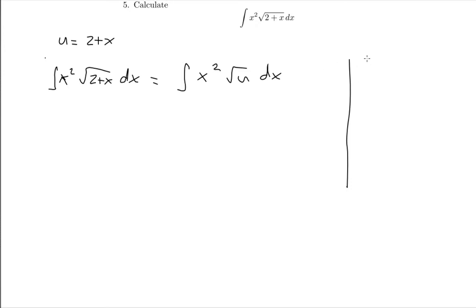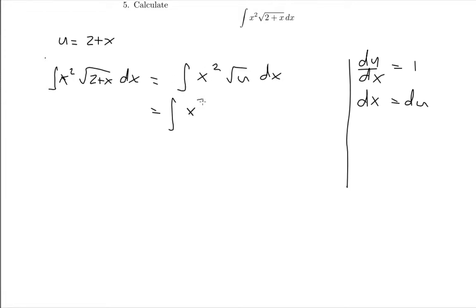I'm going to take the derivative of u with respect to x, which is just 1. Even though this is not a fraction, I'm going to treat it as a fraction and solve for dx, because not only does it help me get the answer, it helps me get the right answer. So if I solve this for dx, I end up with dx is equal to du. Now I can go back into my actual question and replace the dx by du.